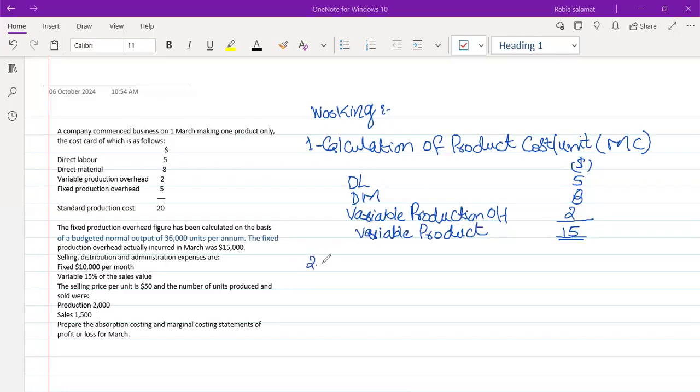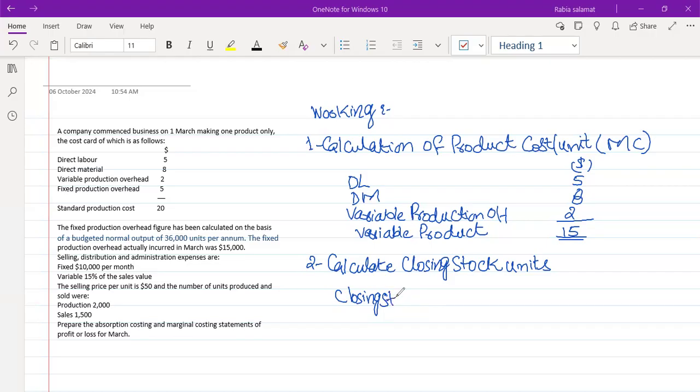Now we will calculate closing stock units. How will we calculate closing stock units? We have opening stock. Opening stock is not given in the question because this is the first month of operation of the business.